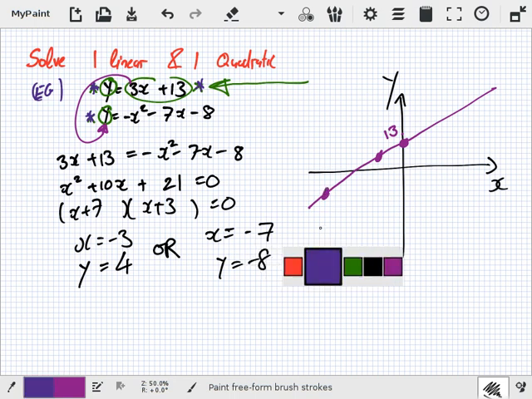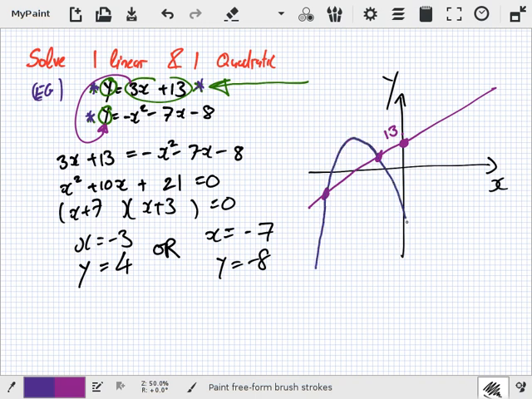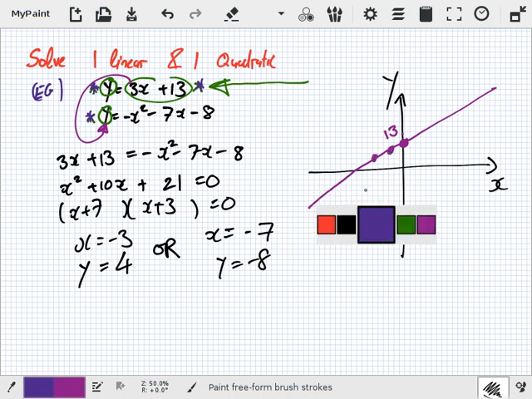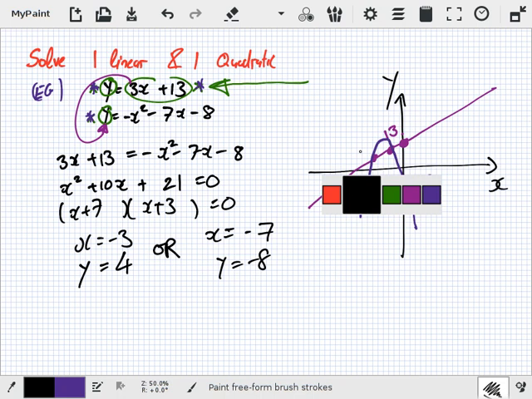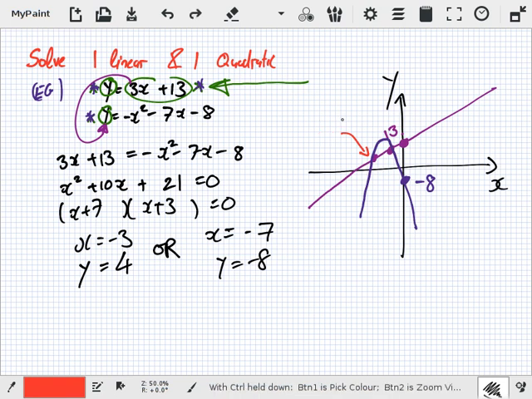So what's happening is, okay, that there is minus 8. This point here is minus 3. No, it's not. Sorry, rewind. Oh, it's because my line is so bad. Okay, right, that's minus 8. That one there is minus 7. Oh, I'm too tired to draw this properly.